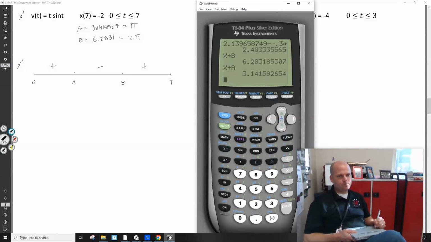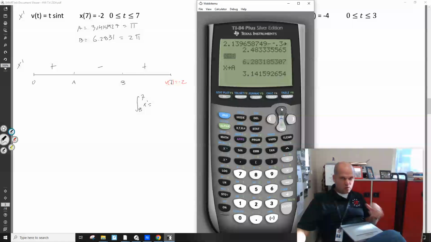Okay. I have x of 7 is negative 2. I need to find some accumulations because I can't take the antiderivative. Let's work backwards. Let's go b to 7 first. Where's my integral? There it is.